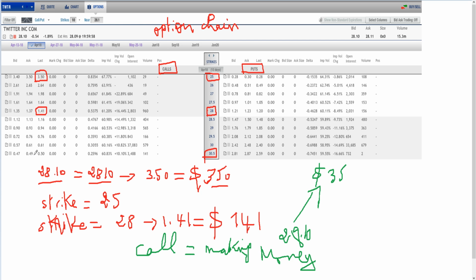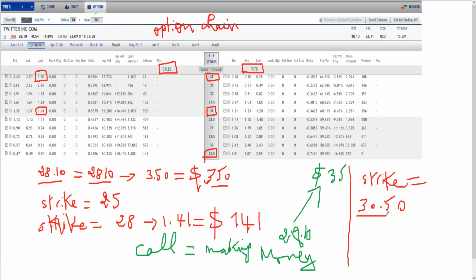You are going to pay only, let's say here, 49 cents. So let's take this $30.50 strike.